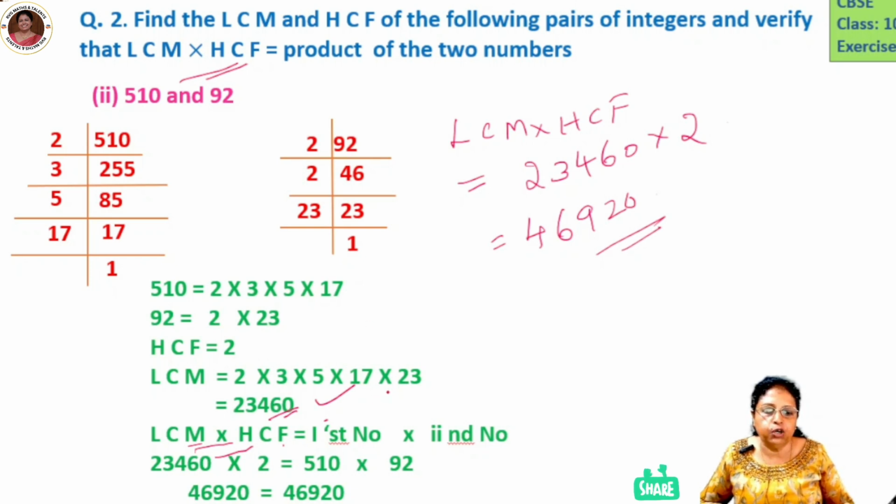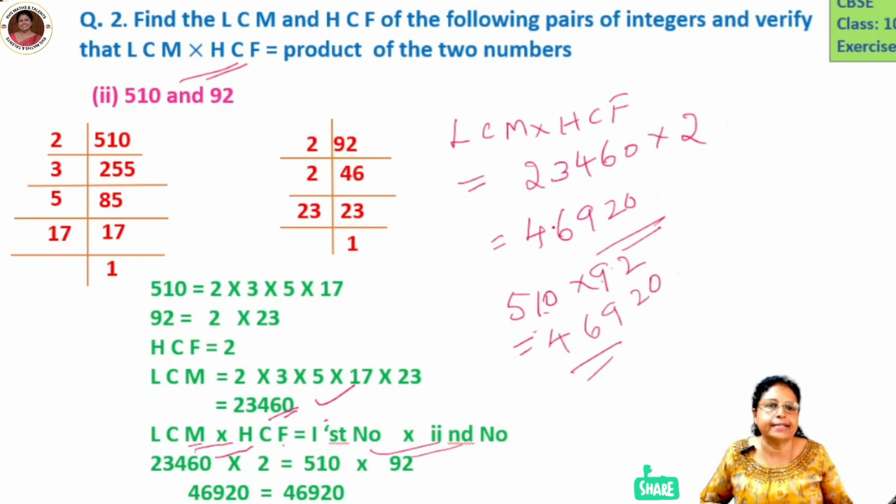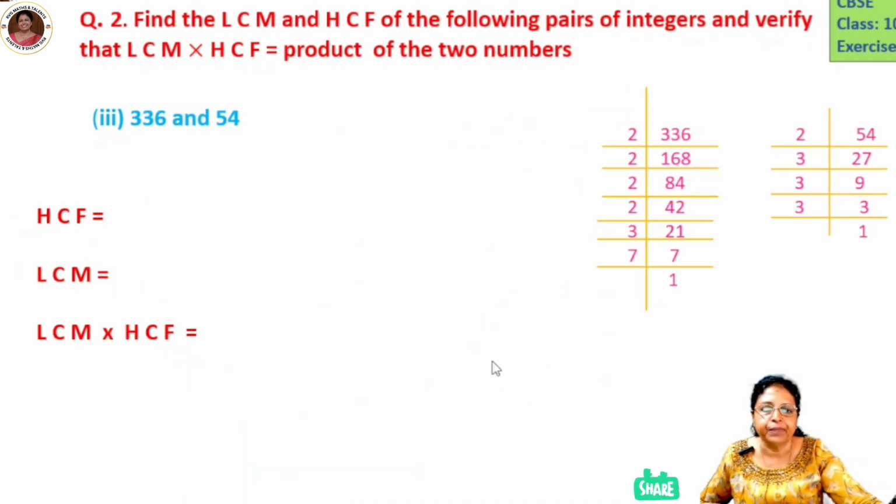Then next we want to find the product of the first number and second number. First number is 510, 510 times 92. Find the product, that also you can see is 46920. That means the left hand side and the right hand side are equal. So we verified that. Then come to the next question.